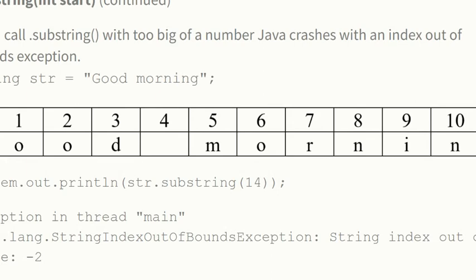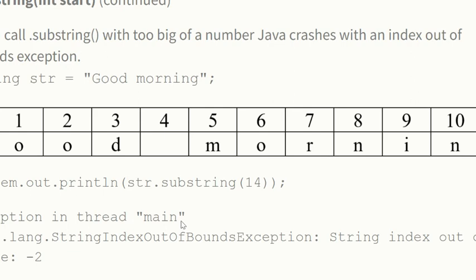If you use too big of a number, Java crashes with an index out of range error. So here's the string good morning. We know it's only got 12 characters, but the index values go from 0 to 11. And if I call substring 14 with that string, we get this error: exception in thread main java.lang.StringIndexOutOfBoundsException, and it says string index out of range -2.